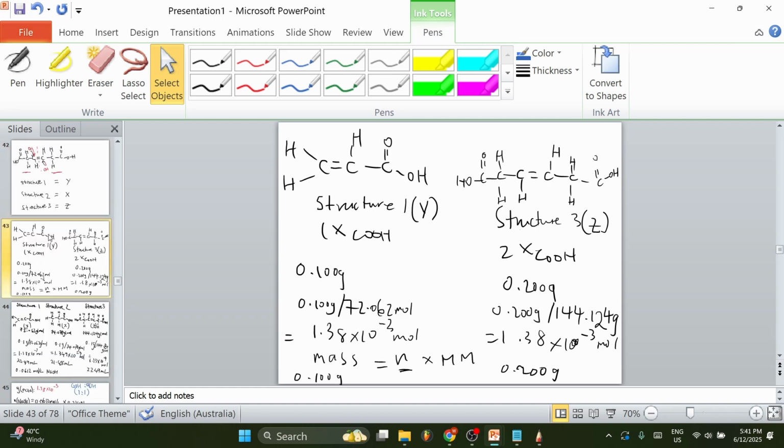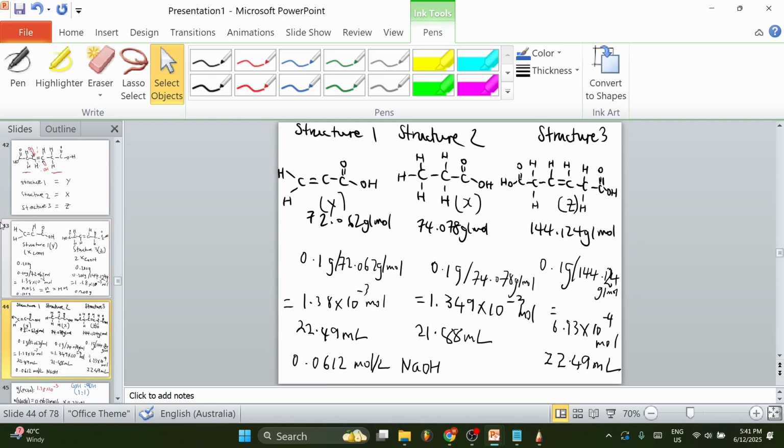So from this evidence, we can confirm that structure 3 is a diprotic acid and structure 1 is a monoprotic carboxylic acid. Point number 4 is to do with titration against 0.0612 moles per liter sodium hydroxide. And each of them was given the volume of sodium hydroxide to reach equivalence point. Since each of the carboxylic acids was 0.1 grams, and knowing the molar mass, we can work out the mole of the individual acids.